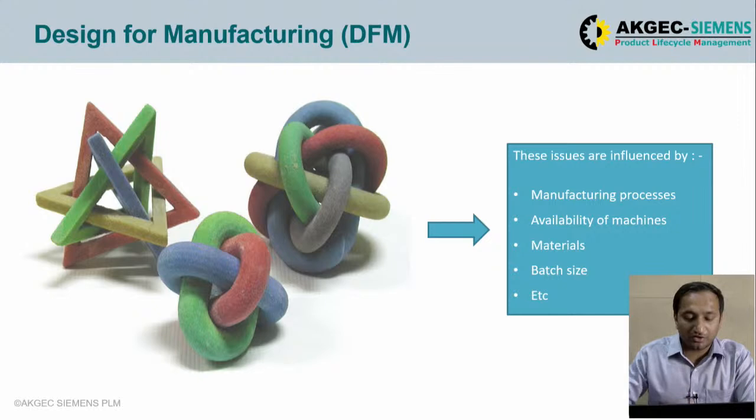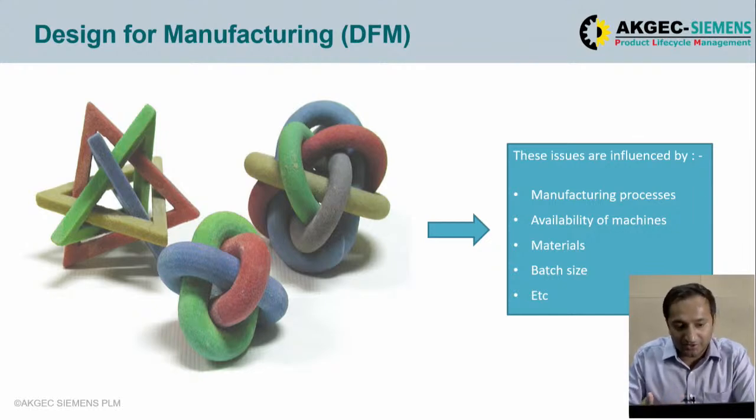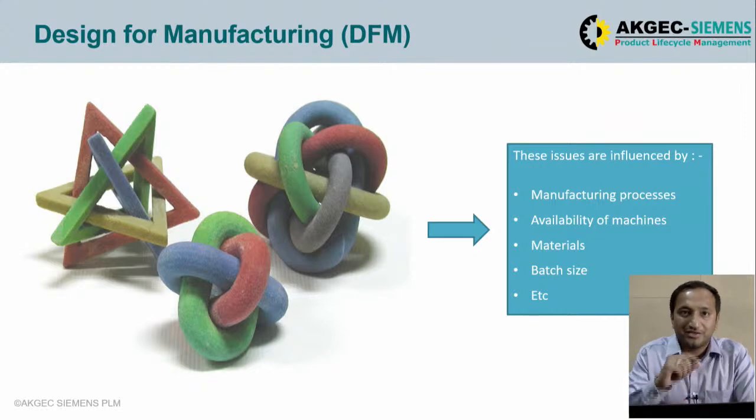So with these questions and factors in mind, you may get some understanding that to make these types of parts you need to know what kind of manufacturing process is required, or what kind of machines are available to you.